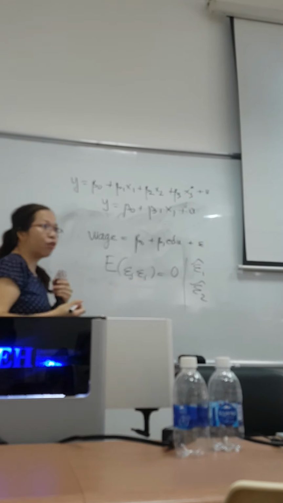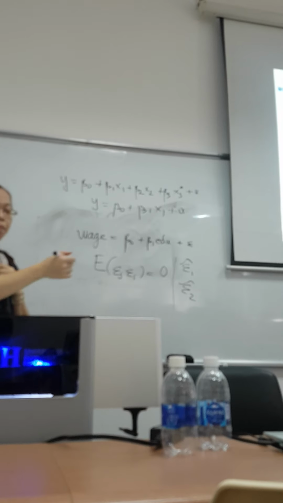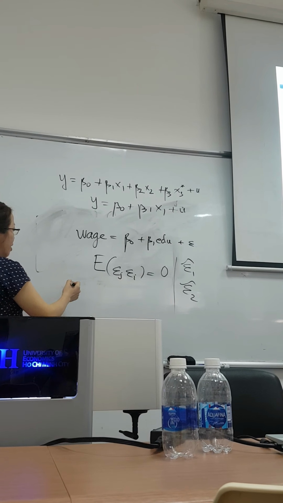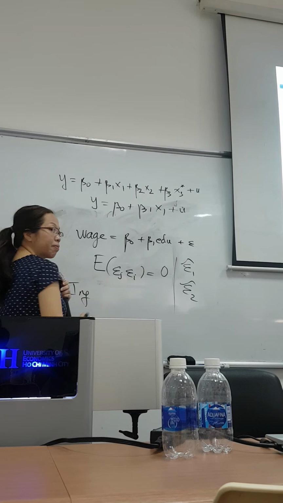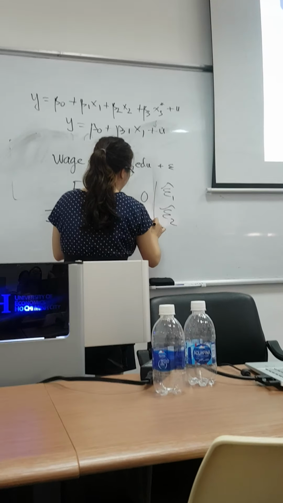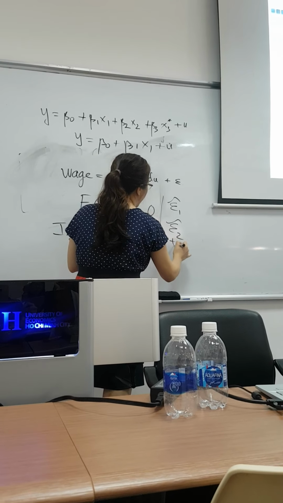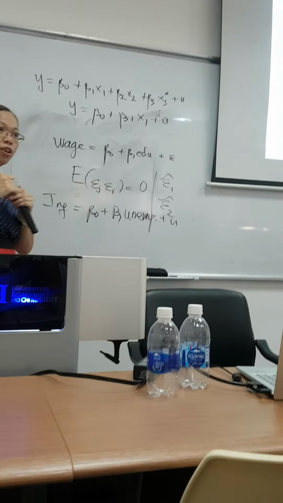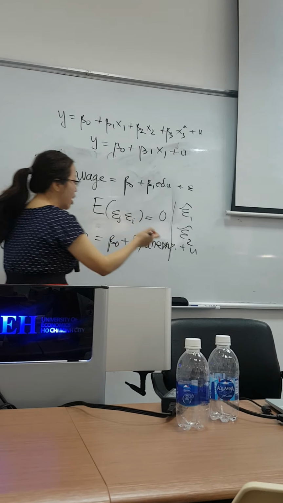But if you look at time series, we don't have different people, we have different years. I may study the relationship between, say, unemployment and inflation, the Phillips curve. So inflation equals beta 0 plus beta 1 unemployment, plus an error term.